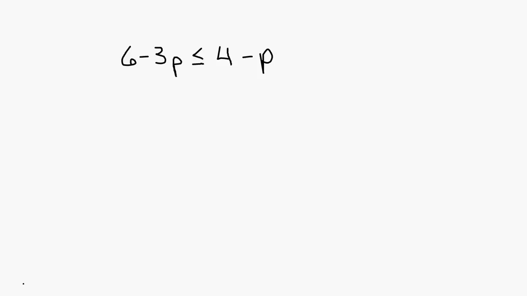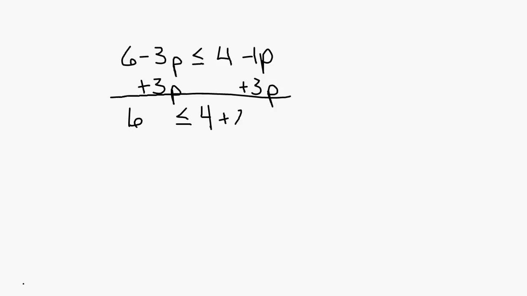The negative 3 is smaller than the negative 1, so you're going to add 3p to each side. So 6 is less than or equal to 4, and then negative 1p plus 3p would be positive 2p.